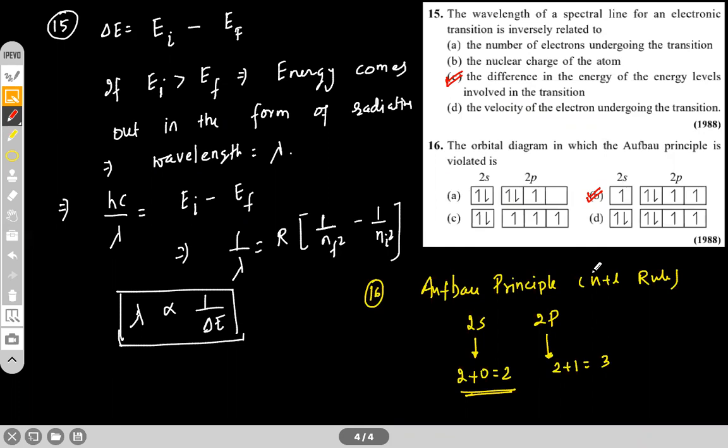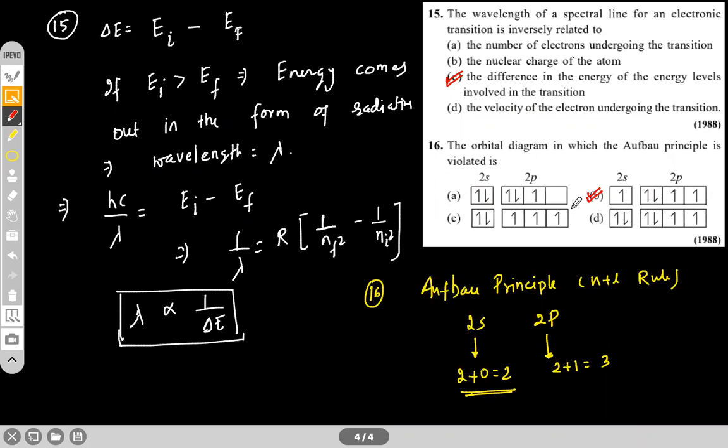Okay. So the question is, which of these orbital diagrams does not obey Hund's rule, right? Hund's rule is regarding the pairing of electrons. It says the pairing of electrons in the orbitals belonging to the same subshell is not done unless all the orbitals are singly occupied.